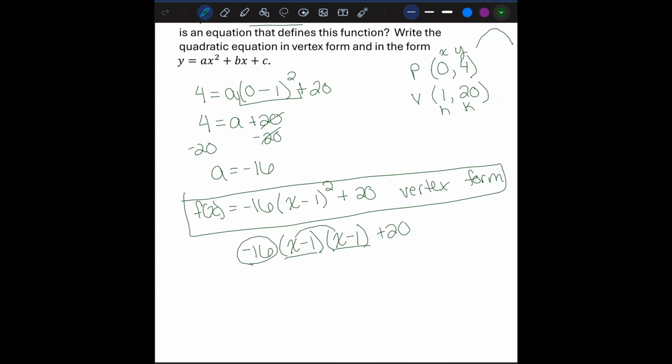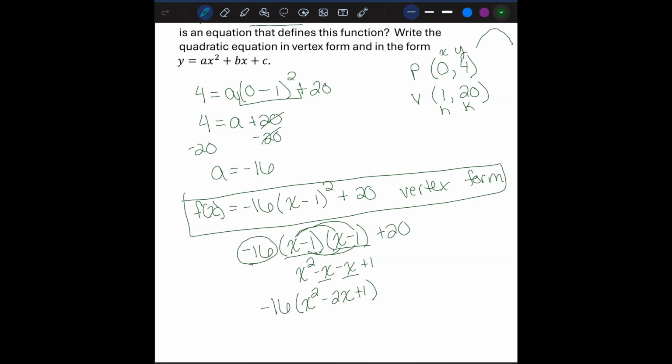So x times x is x squared. X times negative 1 is negative x. Negative 1 times x is negative x. Negative 1 times negative 1 is positive 1. And then the two middle terms are going to combine because they are like terms. Negative 1x and negative 1x make negative 2x plus 1.